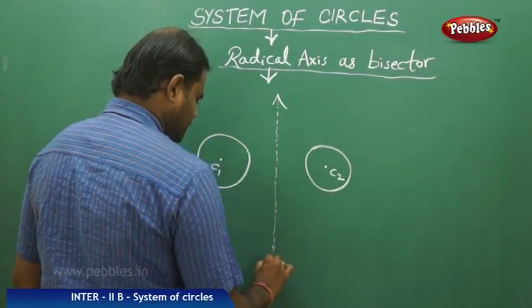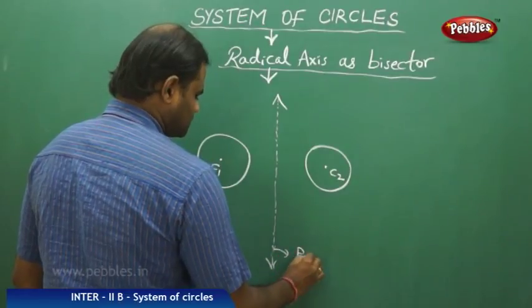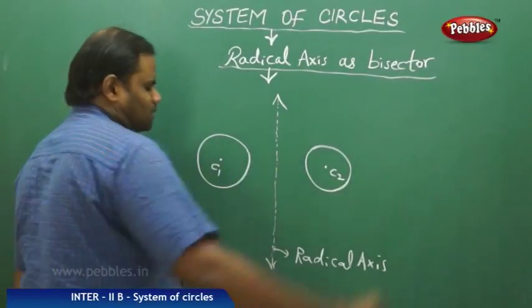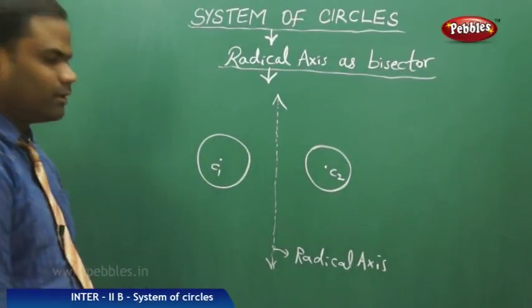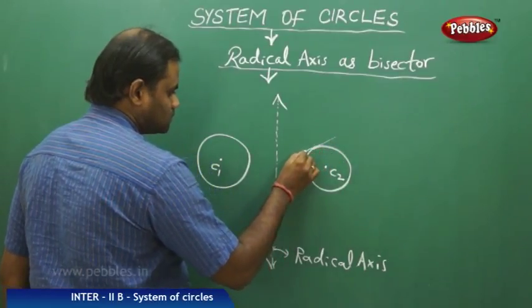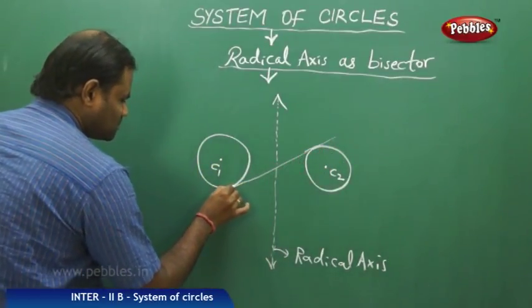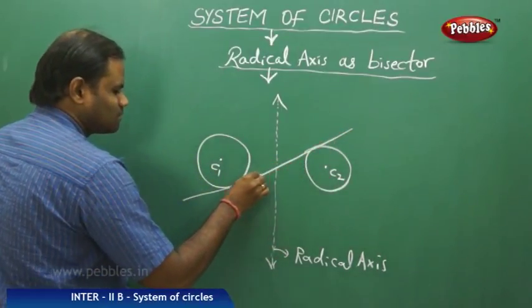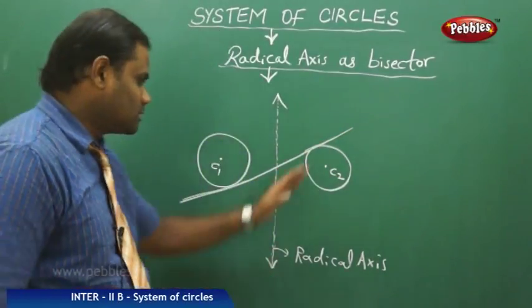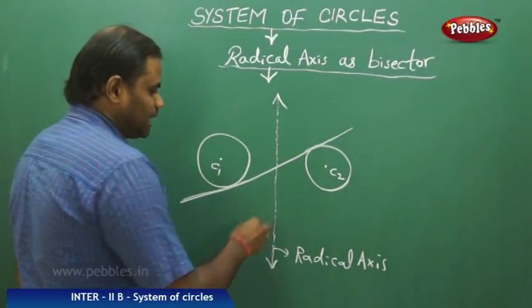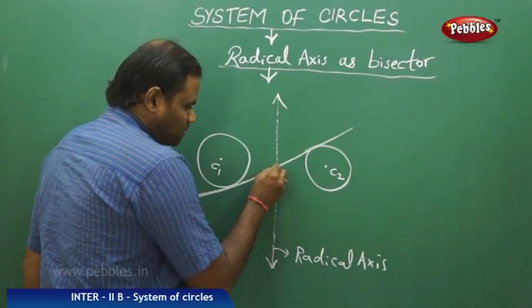Now this being the radical axis, the property says that if I draw a common tangent, this is the common tangent, then the radical axis bisects the common tangent.